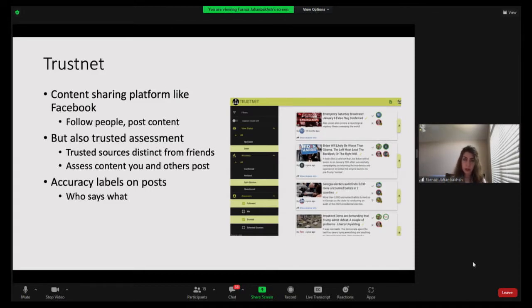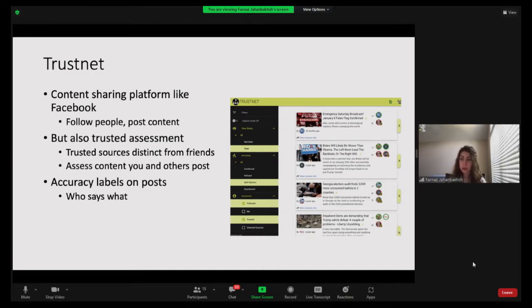By following another user, you'll be able to see what they post or share, and also allows users to post or share content. One of the things that is different on this platform compared to the existing social media is that it allows users to assess any content as accurate or inaccurate, or to ask about the accuracy of any content. And these assessments and questions are captured and displayed in a structured way.